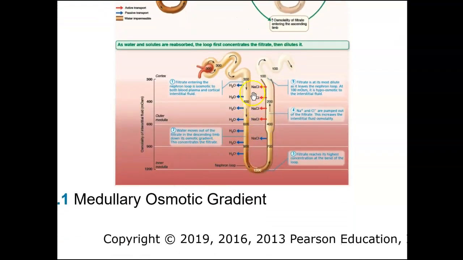And so here you can see some numbers that will help you understand this idea of countercurrent multiplier. Okay, so let's look at the ascending limb. I know step one is over here, but I just want you to look at the numbers. In the ascending limb, you can see that the concentration is 200 milliosmoles right at this point, up near the top, almost at the entrance of the DCT.